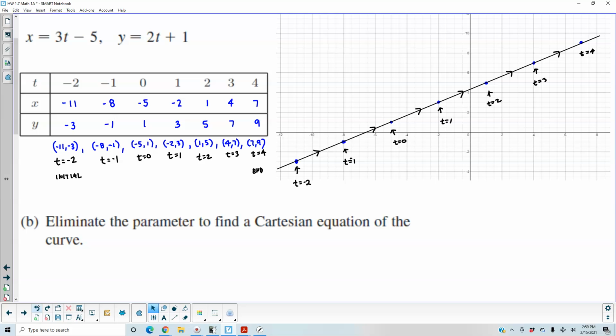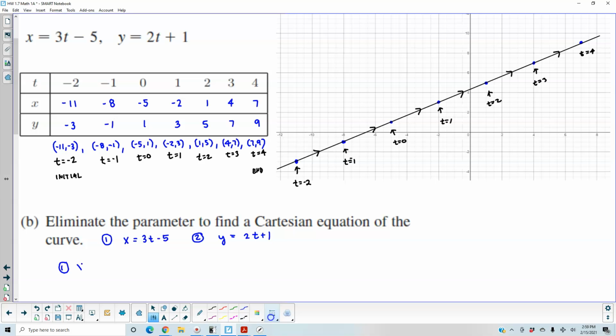So we're going to take a look and say, okay, this is the first equation, which is x, which is equal to 3t minus 5. And our second parametric equation is y is equal to 2t plus 1. So what we're going to do is first solve for t in equation number 1.